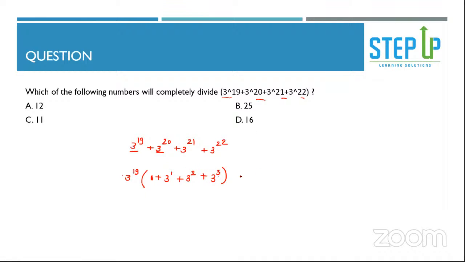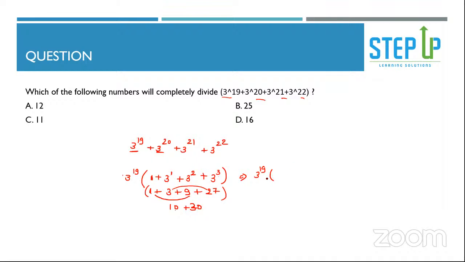So now this is 3 to the power 19 into 1 plus 3 to the power 1, which is 3, 3 square is 9, and 3 cube is 27. Right? So let's add this. 9 plus 1 is 10 and 27 plus 3 is 30. 30 plus 10 is 40.